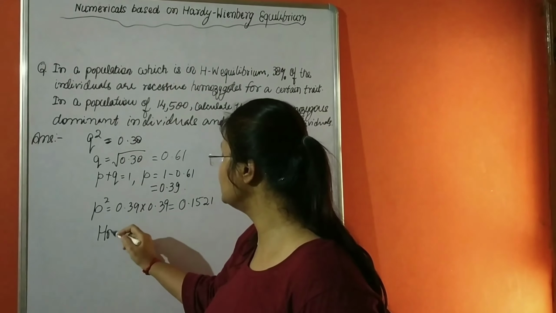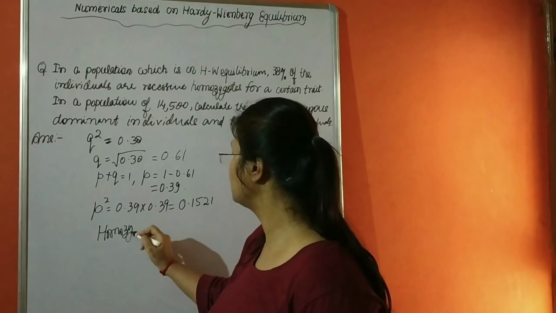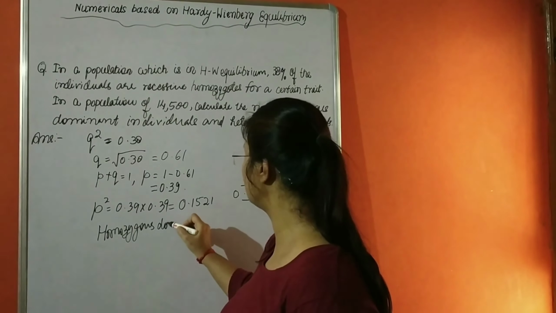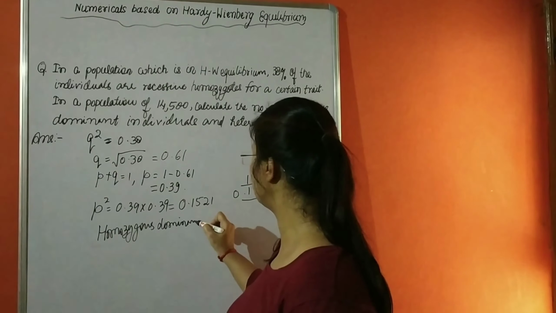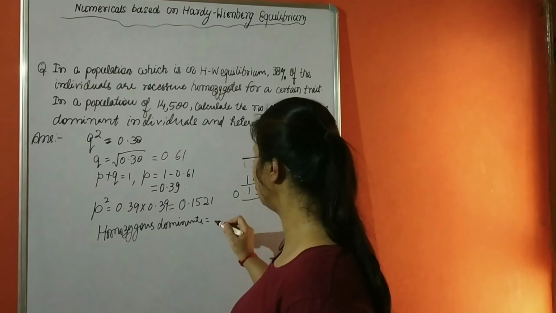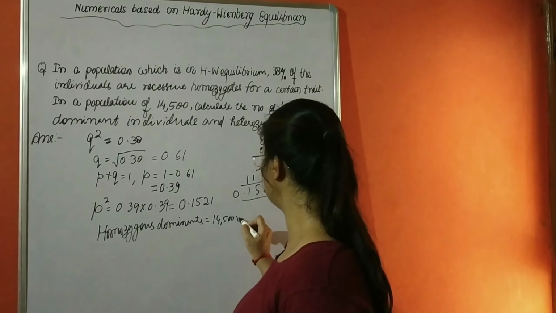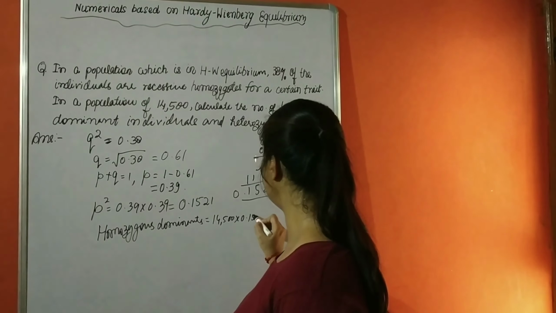So homozygous dominants will be 14,500 into 0.1521.